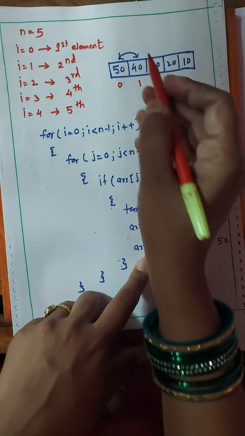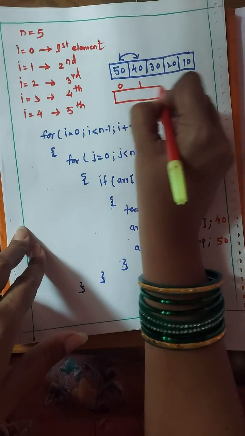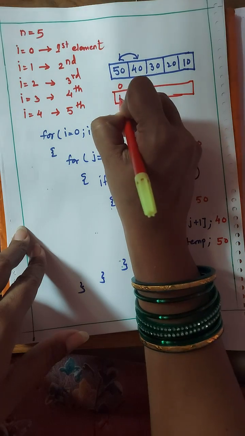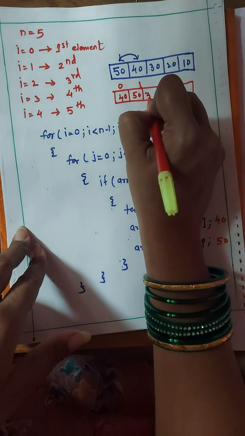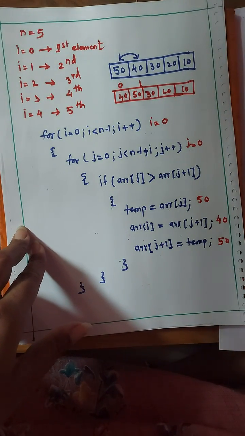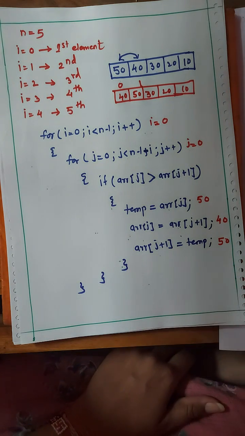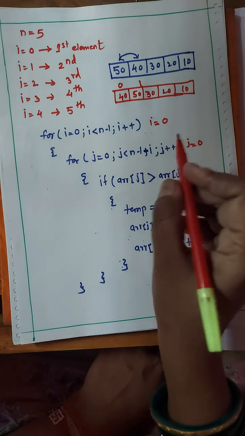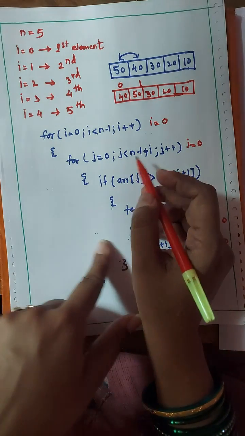So it will be sorted that way: 40, 50, and the remaining array stays as it is: 30, 20 and 10. Now it will increase the value of j, and the inner loop iteration is completed.